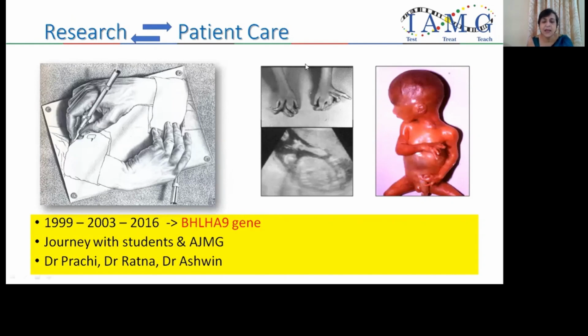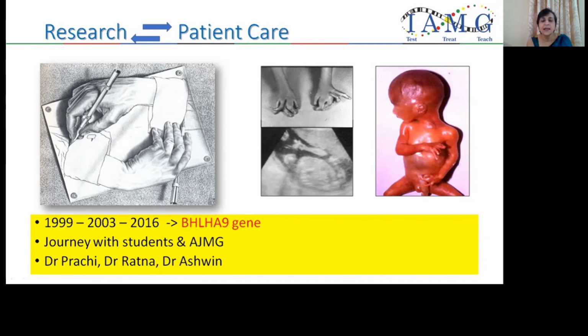We had seen a child with hand malformation, a very rare, unique type of hand malformation, in 1999, and then in 2003 prenatal diagnosis and recurrence was there, same type of digits arising from the dorsum of the hand. And then in 2016, when we did first exome sequencing, we could identify the causative gene BHLHA9 in this particular family.